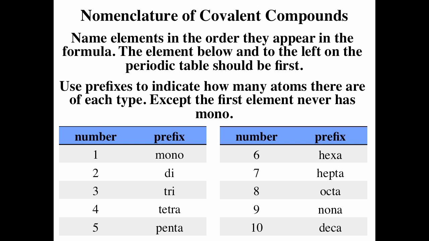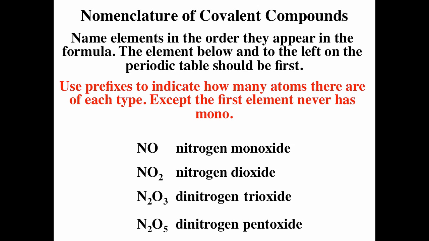To give you some examples, here we have nitrogen monoxide, nitrogen dioxide, dinitrogen trioxide, dinitrogen pentoxide. Nitrogen and oxygen can form more than 4 distinct compounds, but they can form at least 4. And we have to be able to name these different ones.